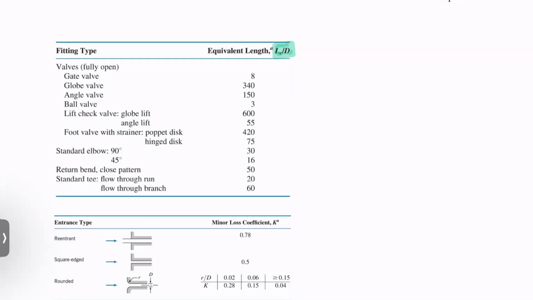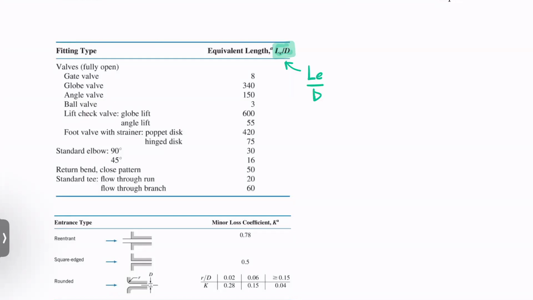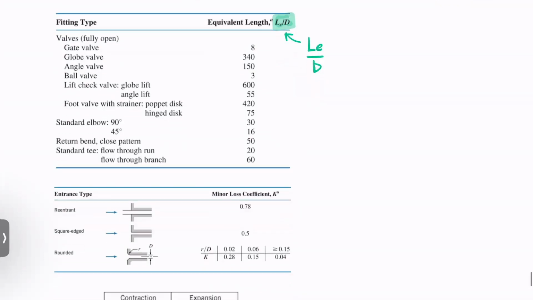Just keep in mind that this is LE divided by D, not just LE, right? And then on the leftmost column, you'll have different types of fittings. All right, so you've got different types of valves. All of those are considered to be fully open. Standard elbows at 90 and 45 degrees, return bends, all that good stuff.